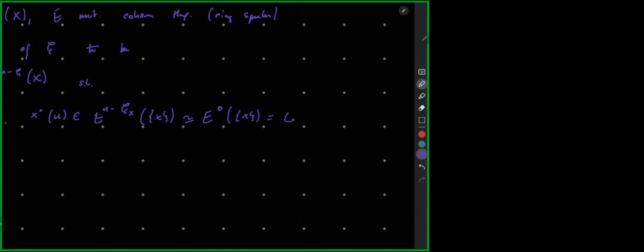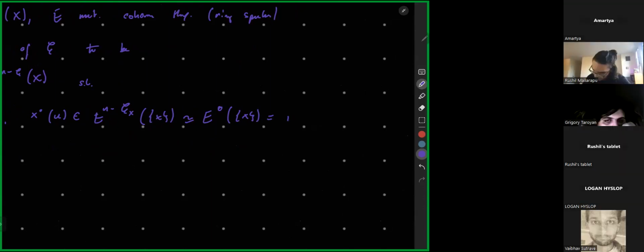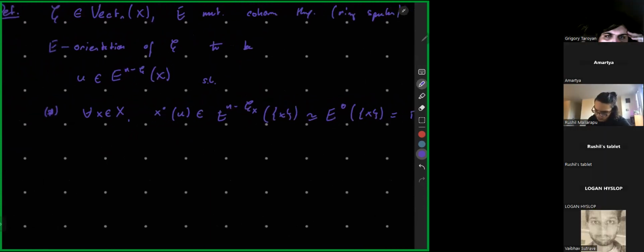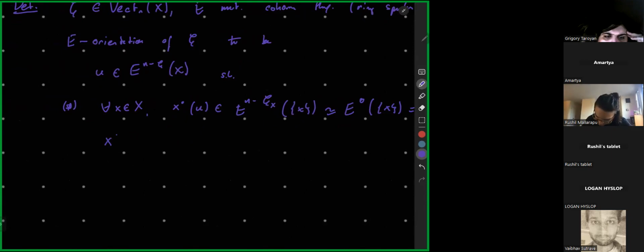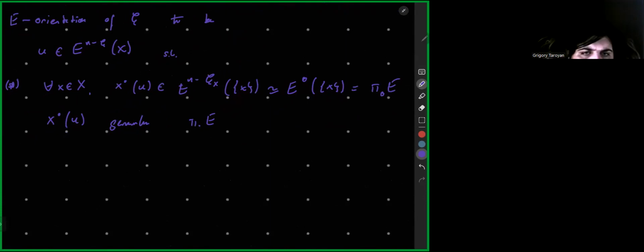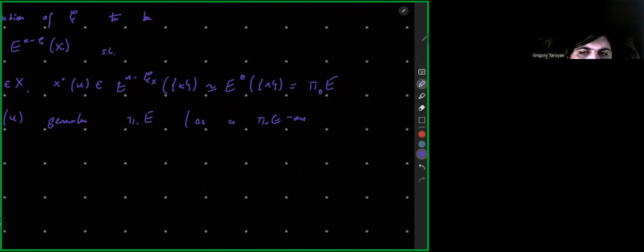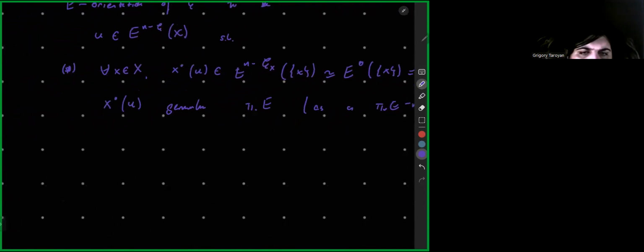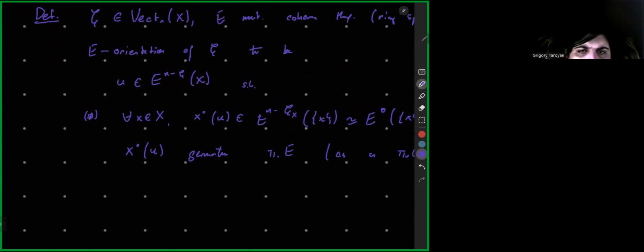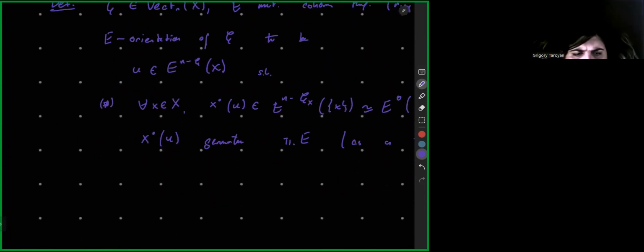You think of this as the ring of coefficients associated to your cohomology theory, or degree 0 of that. So for every point, this element generates pi star E as a pi star E module. More suggestively, you basically want this to be a unit, but with some additional conditions.